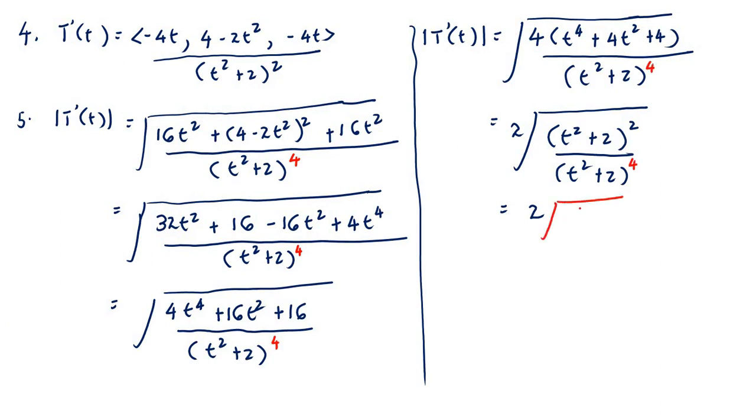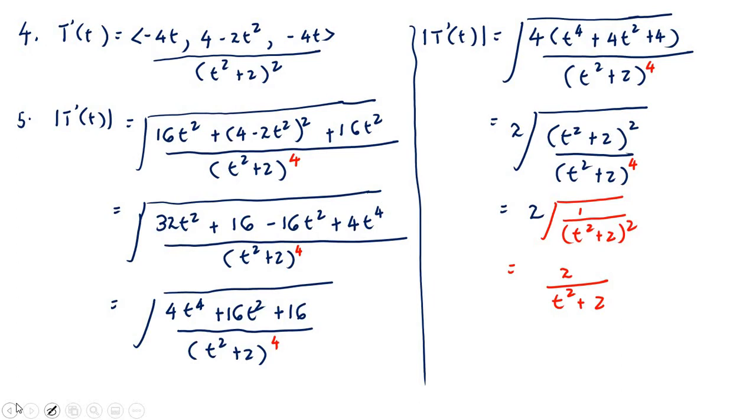Then we have 1 over t squared plus 2 power 2, so we have 2 over t squared plus 2. So this is T prime t.